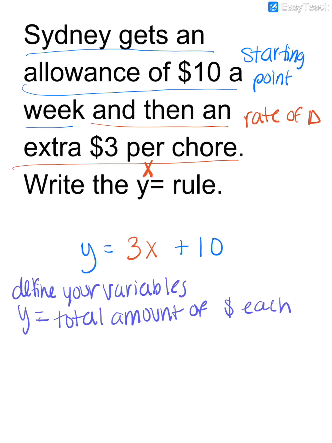In this situation. It's not always going to be the same situation, right? But this is showing our $3 per chore plus our $10 is going to give me the total amount of money every week. Okay? Now, if we think about it, it's $3 per chore. So what would the X be? What would the X stand for? So X is the amount of chores you do.